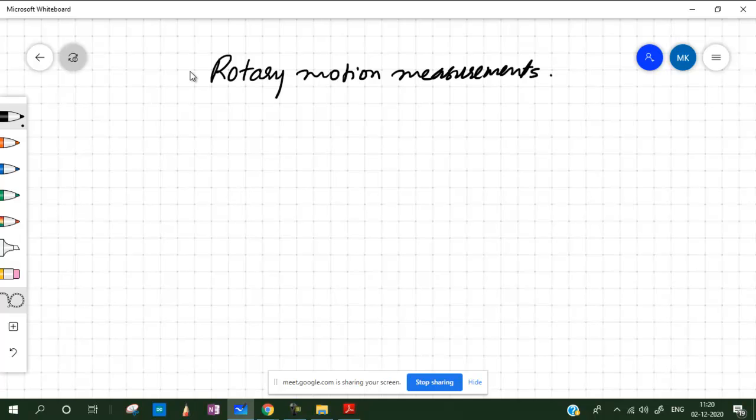Now we will be discussing in a little more detail the resolver, the synchro, and the gyroscopes.